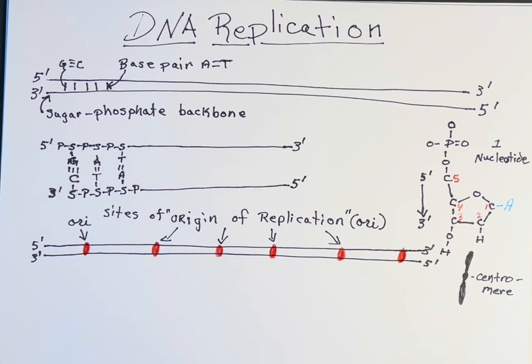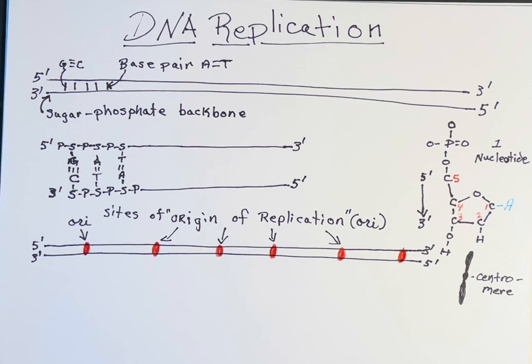So, and note how I wrote the ORI, origin of replication. They always write it as a cursive, and I'm not sure why. So we have all these sites along the DNA strand, and so that's where DNA replication begins, and it happens all along the strand at the exact same time.